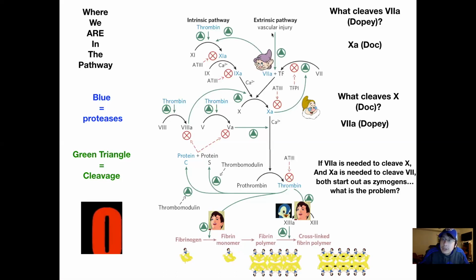You can have some initial vascular injury, which makes maybe a little bit more cleaved protease. But in the absence of sustained signal, these inhibitors, AT3, and also protein C and protein S, will turn different branches of the pathway off. Okay, so simply having a tiny bit of 7A isn't actually going to turn the whole pathway on.